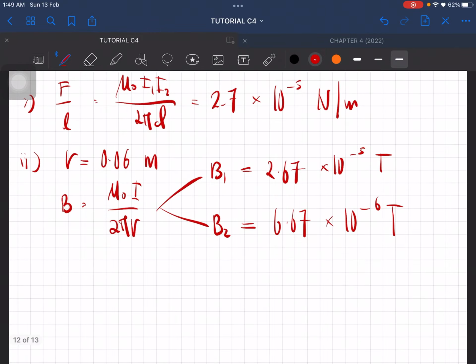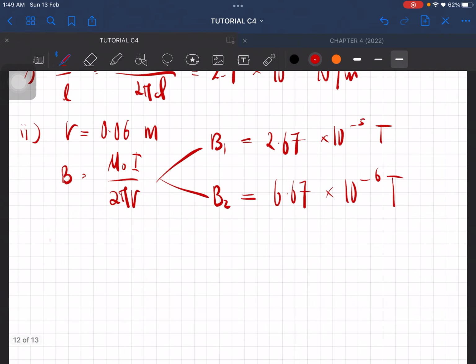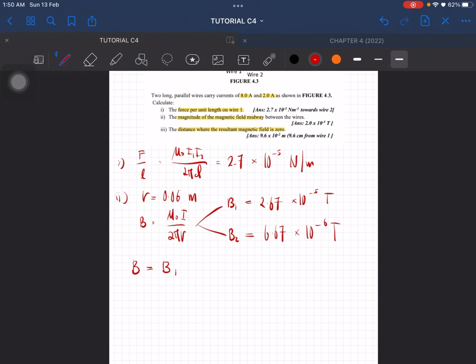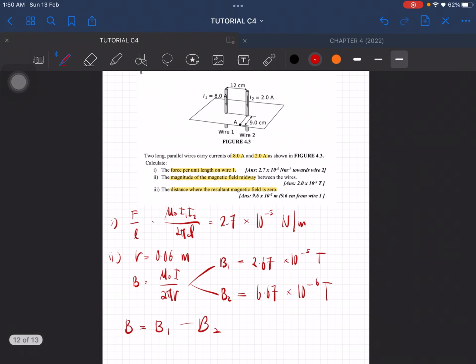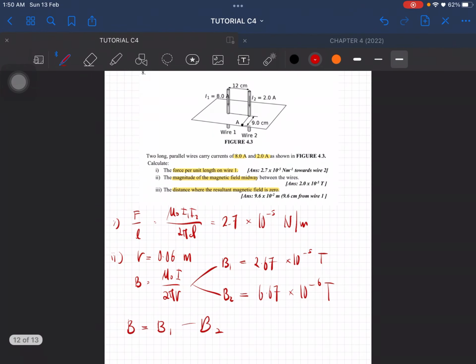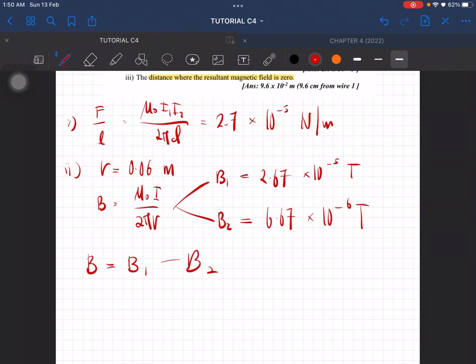Okay, so after we get B1 and B2, we can then calculate the net magnetic field just by B1 minus B2. The reason B2 is minus is because the magnetic flux is in the opposite direction, it is going upwards.